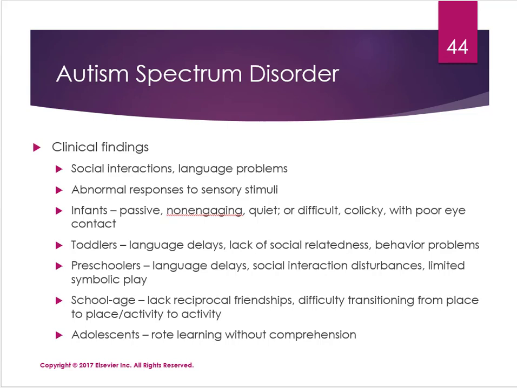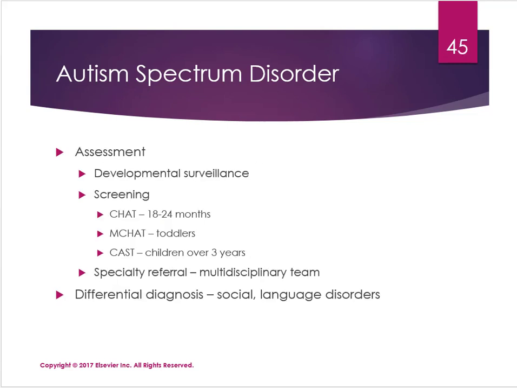In toddlers, there can be language delays; in preschoolers, social interaction disturbances. In school-age kids, transitioning from place to place may cause issues, and in adolescence, there can be rote learning without any comprehension of the knowledge they're learning. In your assessment, you're going to want to do some developmental surveillance to assess for red flags of autism spectrum disorder.